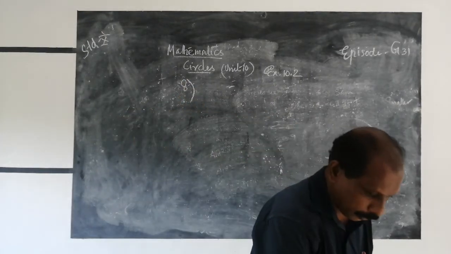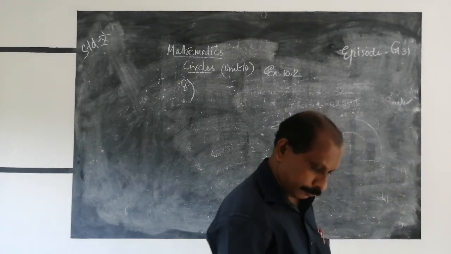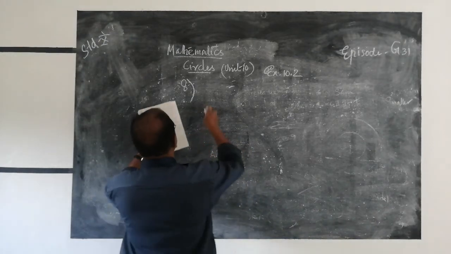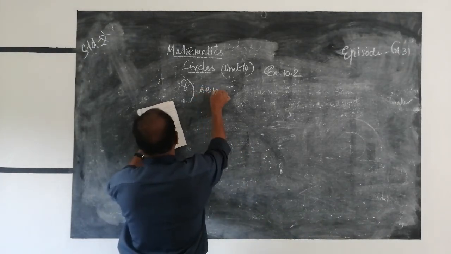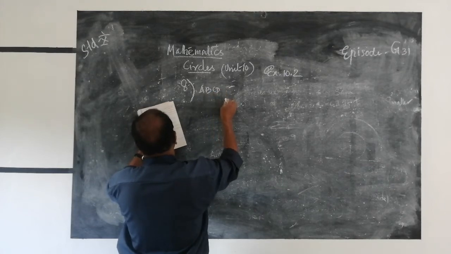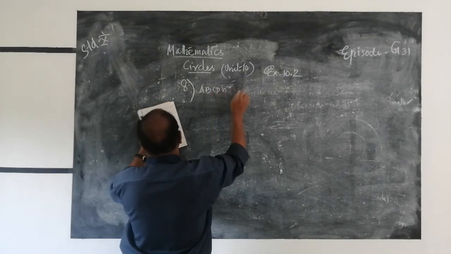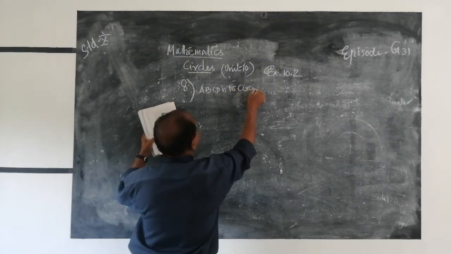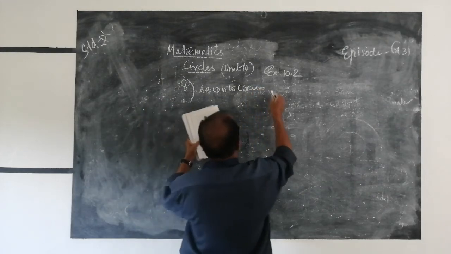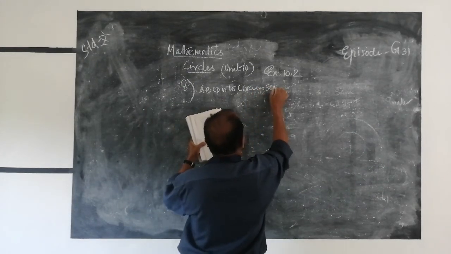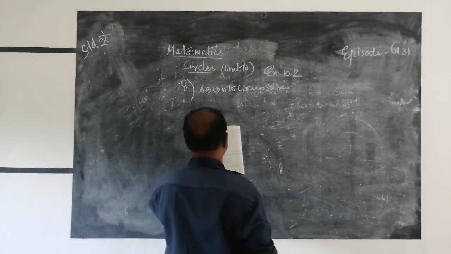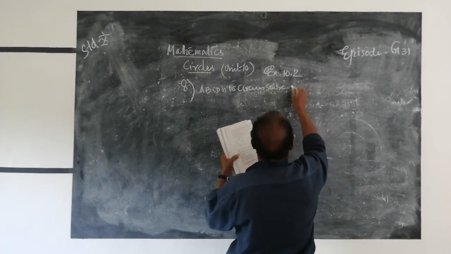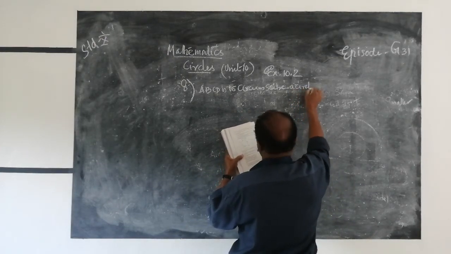ABCD is a quadrilateral circumscribing a circle.